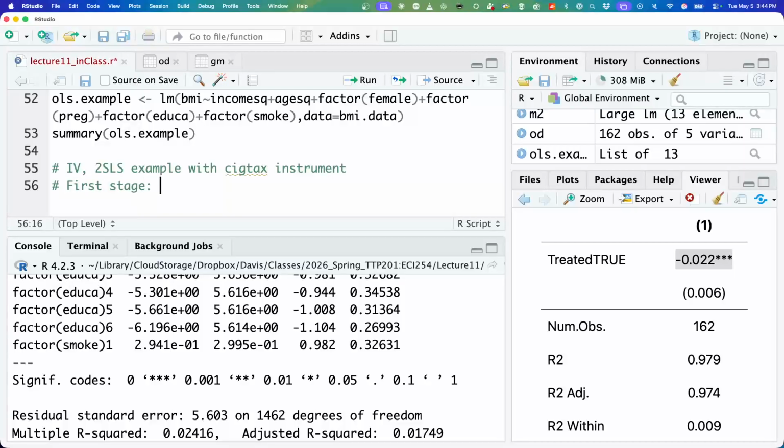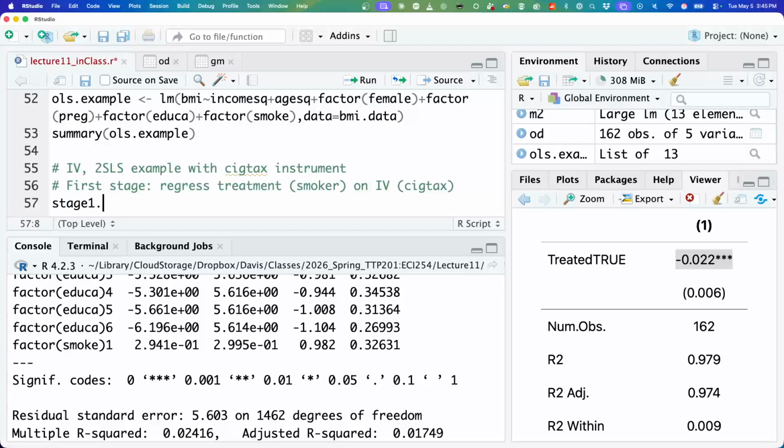First stage, regress treatment, which is our smoker, on the instrumental variable, which is the cigarette tax.